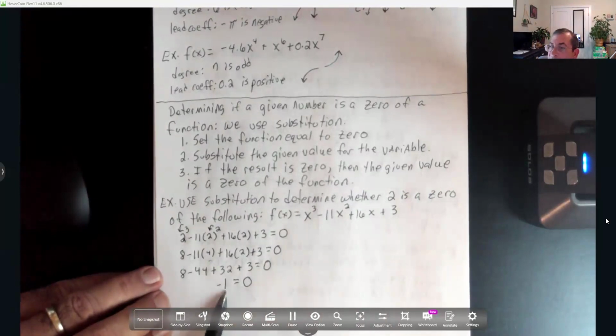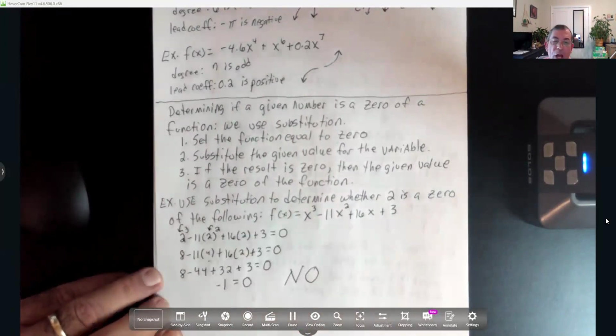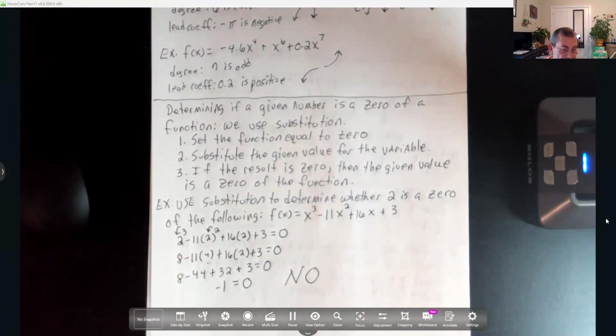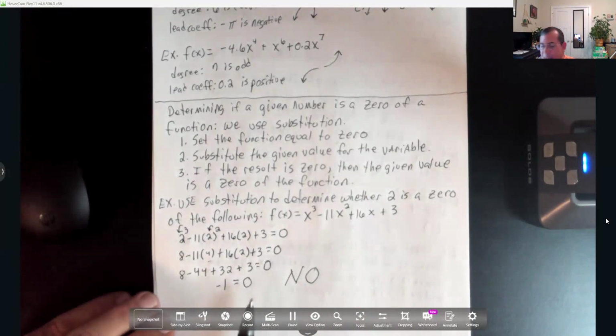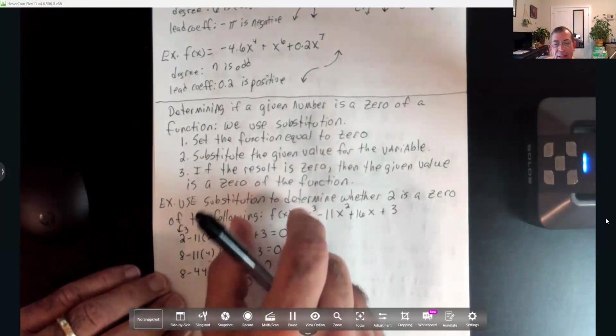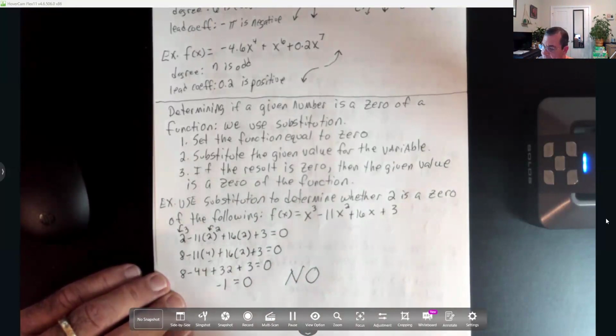So y'all, since we didn't get a 0 on this one, we would put no. Since I didn't get a 0 answer on that, it is not a 0 of that function, okay? And y'all, that's a trick. That's how you can check your numbers when you're finding zeros. If you plug them back into the function, it's actually got to equal 0 to be a 0, okay?